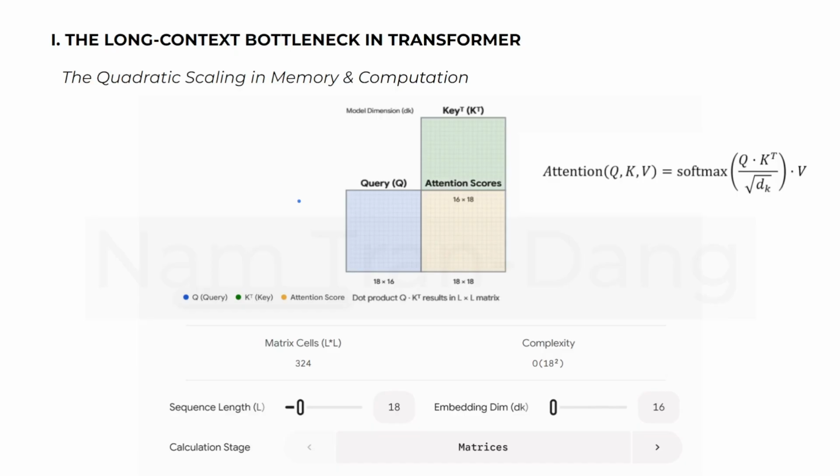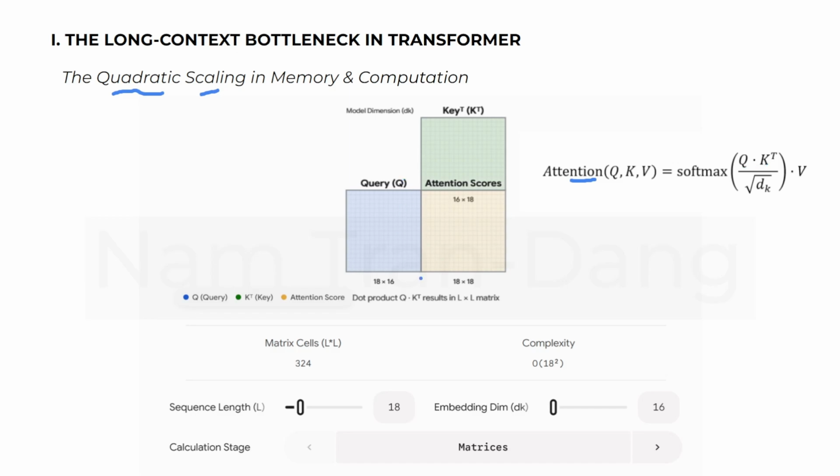However, although transformers have these advantages, they face one of the biggest problems, the long context bottleneck, which is quadratic scaling in memory and computation. Here is an image visualization with the attention formula, Q and key.